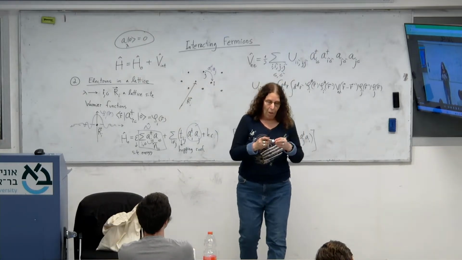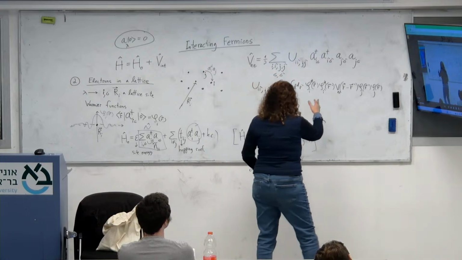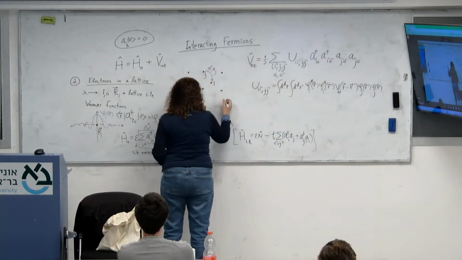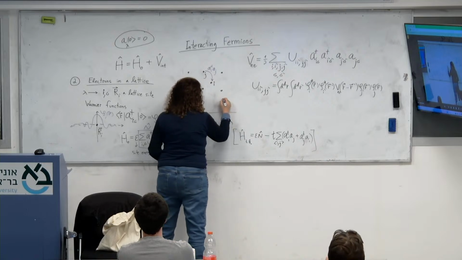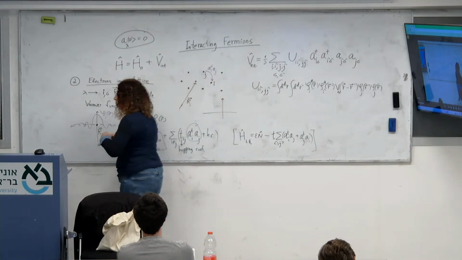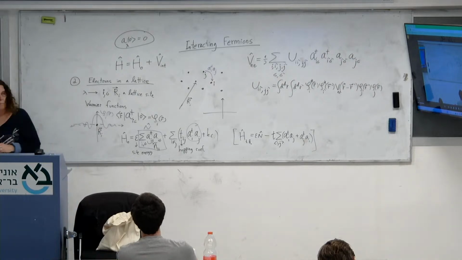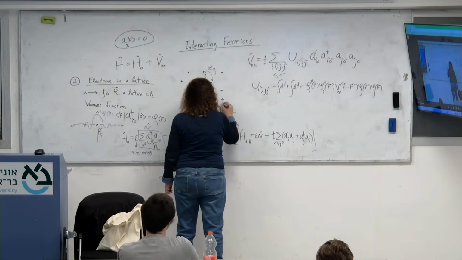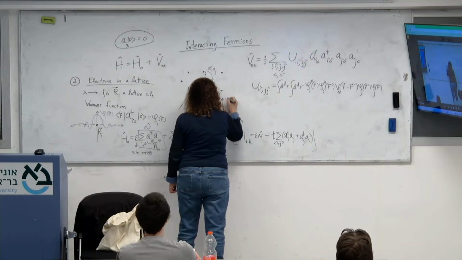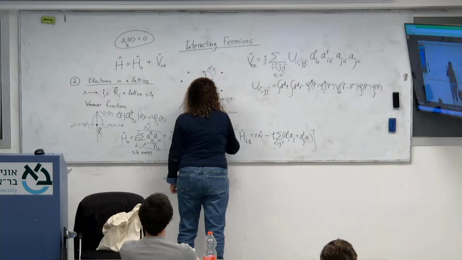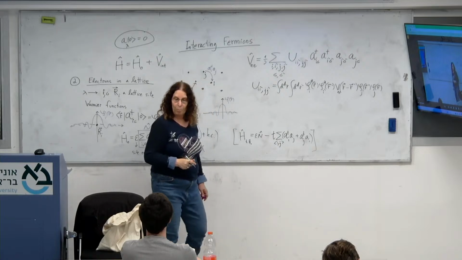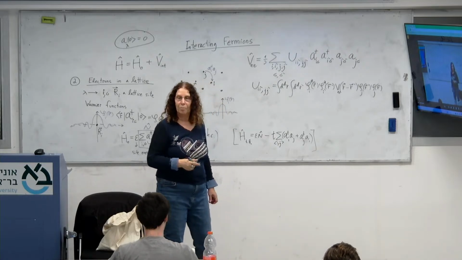Okay. Now, what are these phis? The phis are what I defined as, these are the Wannier functions, just reminding you how they look like. Still on the bottom. They are very, very localized. Okay, where R is the distance from Ri, okay.